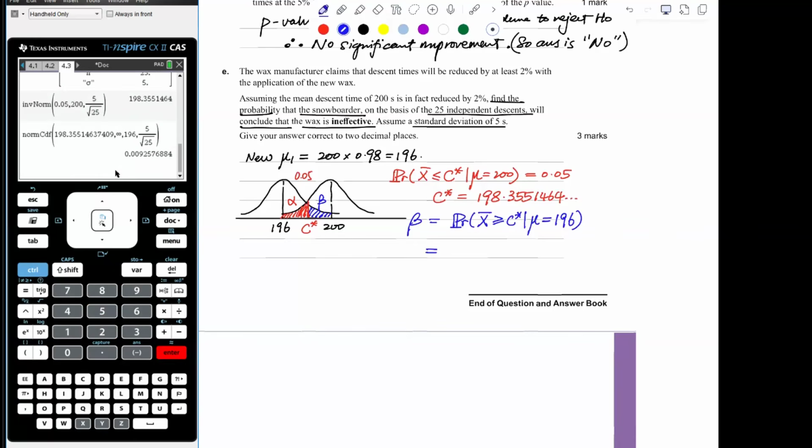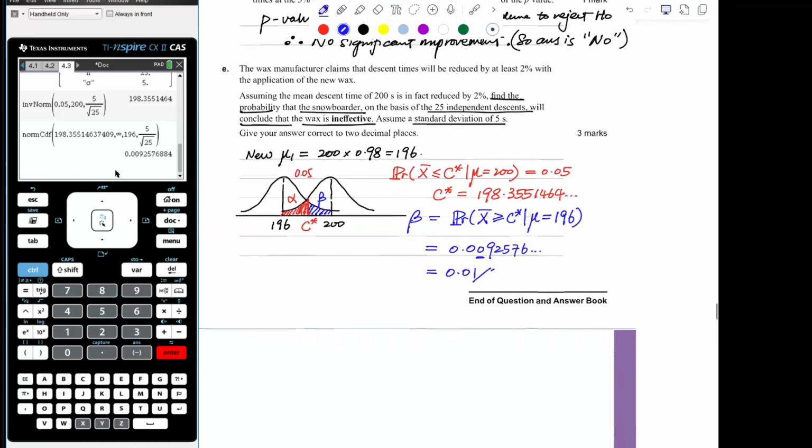So actually you get a very much smaller value. But you only round that to 2 decimal places, so it's only up to the hundredths. Therefore, I'll get 0.01. Okay, you can see it's a significantly small value.